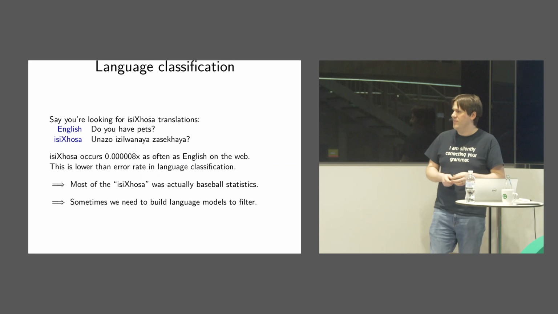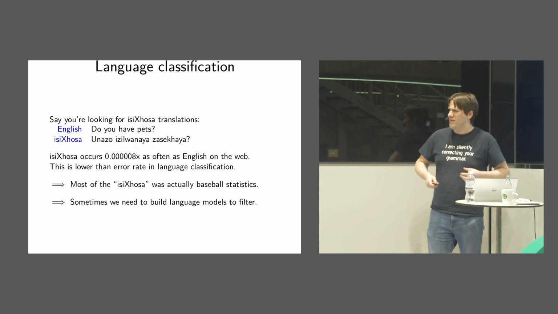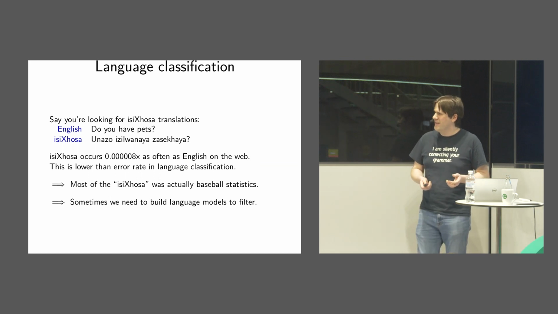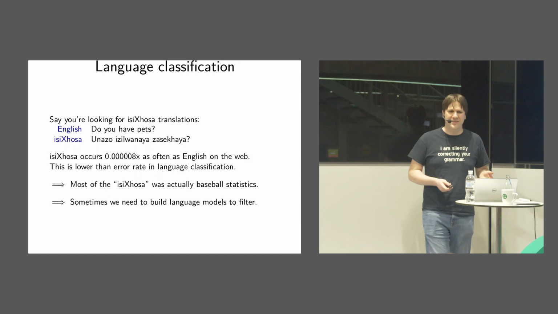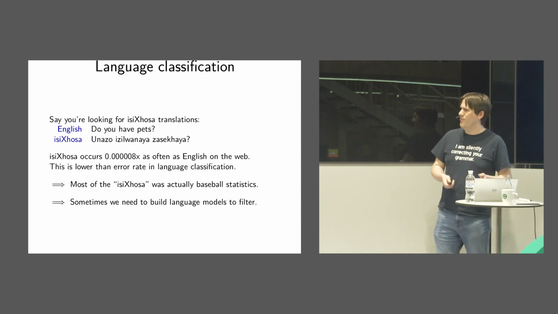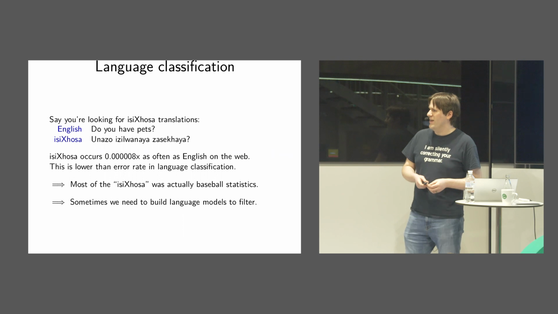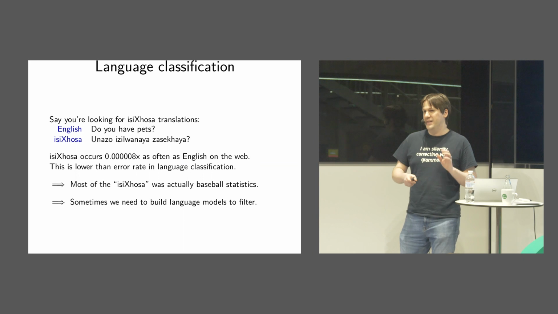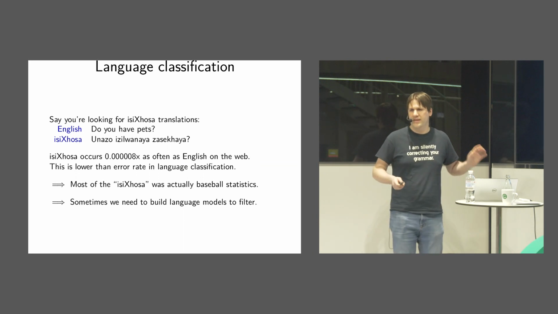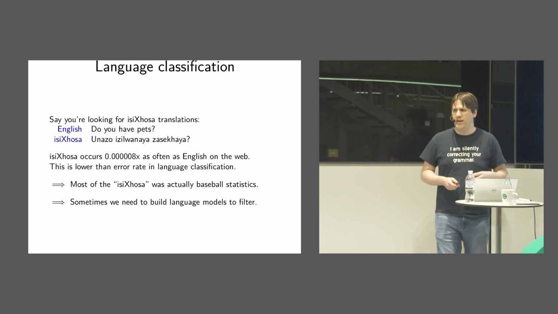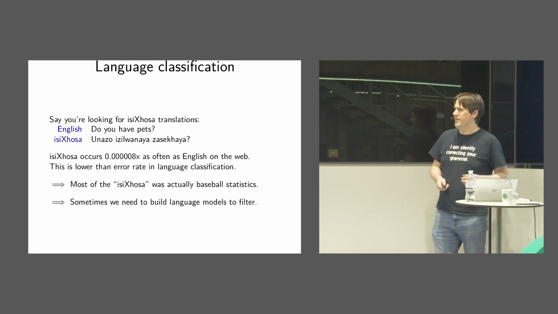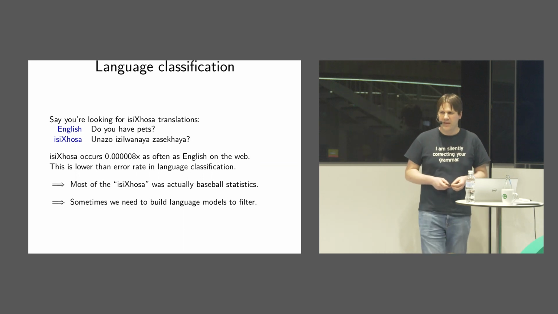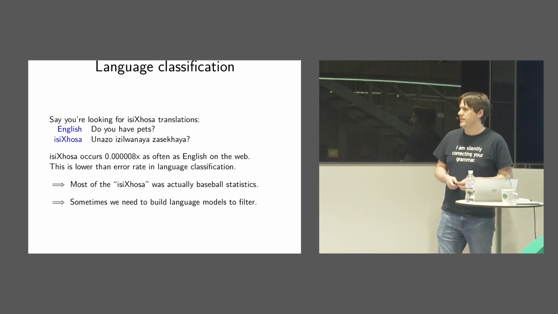And we looked at the data that was coming out, and there's some site where you trade baseball statistics in a particular format, and that was all getting misclassified as Xhosa for I don't know why, but that means sometimes you have to do things like go out to Wikipedia or an ideally clean source of data that is in the language you care about, train a language model, build your own language classifier, and just map over the internet and threshold against that language model. For these really low resource languages, that's a problem.